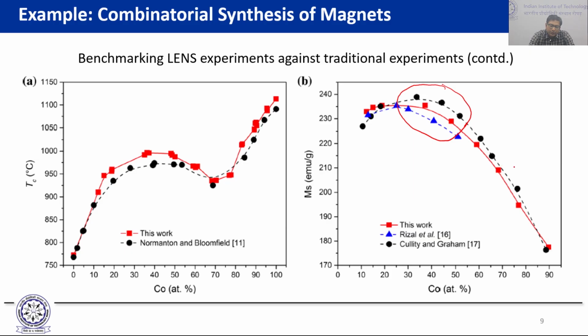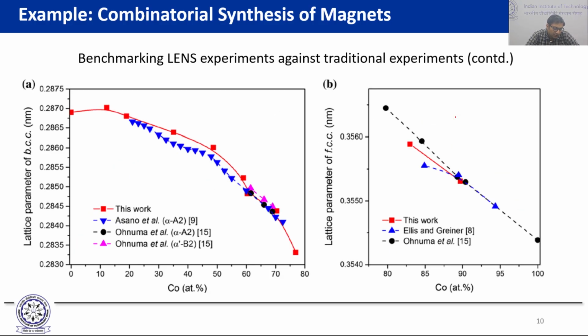So if your results from the combinatorial experiments are reasonably well aligned with the results from the conventional experiments, you know that you have struck gold, and you can start relying on the data being generated by these combinatorial experiments.